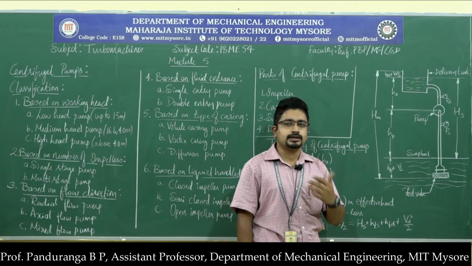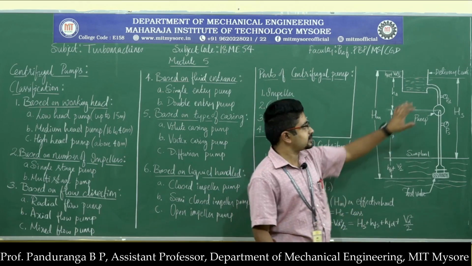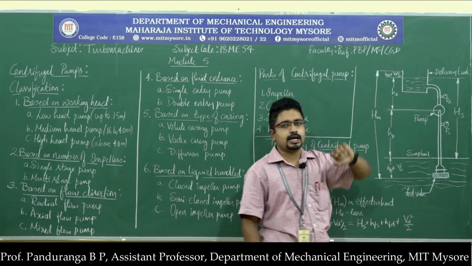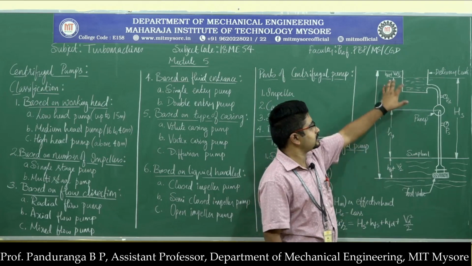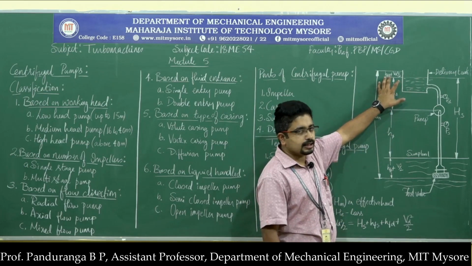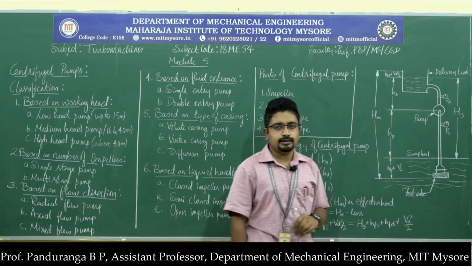That is the amount of energy we will not be able to utilize, since we are just dumping water into the delivery tank, so there we are losing that much energy. And HFD is the frictional losses that occur in the delivery pipe.